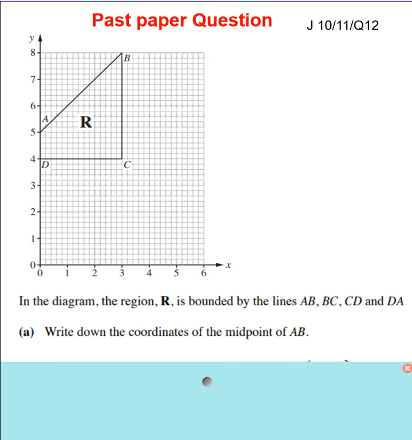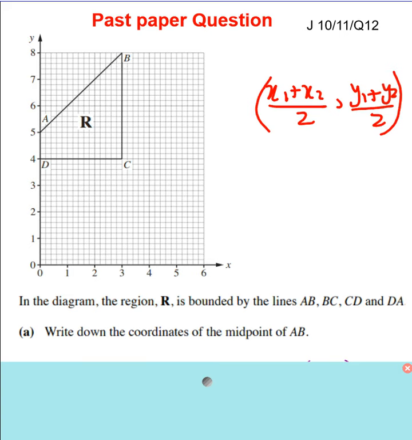Now usually what comes to a student's mind is to apply the midpoint formula, which is (x1 plus x2) divided by 2, comma, (y1 plus y2) divided by 2. I'm sure you remember this formula. This is the midpoint formula. When they think of this formula, of course, from the graph, they just pick up the coordinates of A and B. Coordinate A is (0, 5) and B is (3, 8).